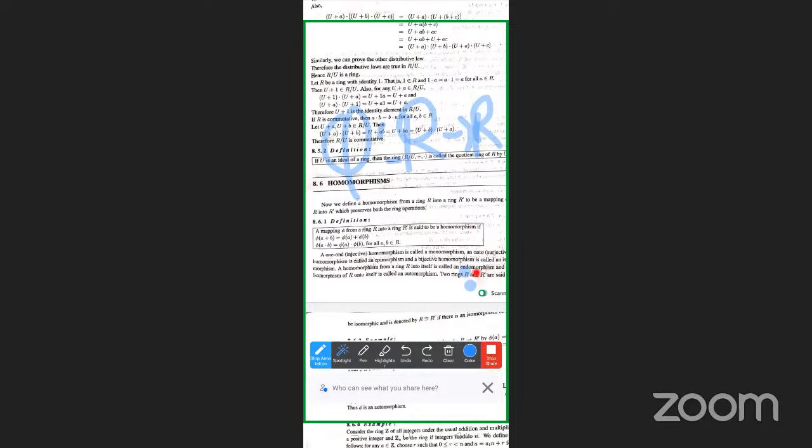Then we can say that it is an endomorphism. An onto isomorphism of a ring onto itself is called an automorphism. So these are the definitions of homomorphism of rings.